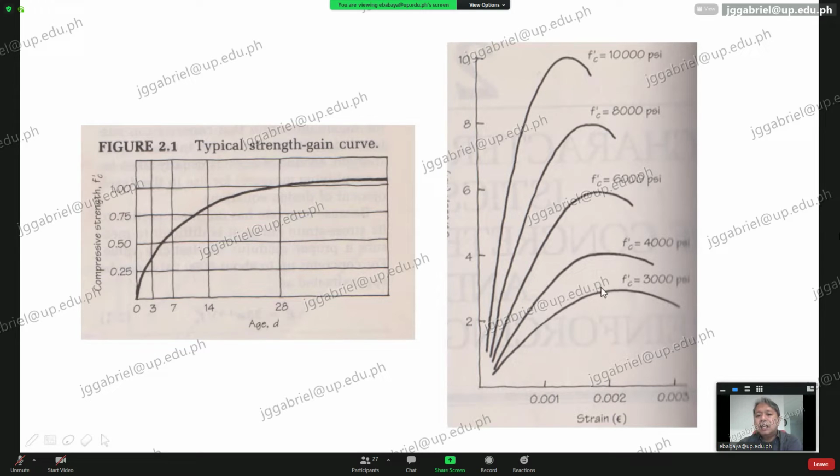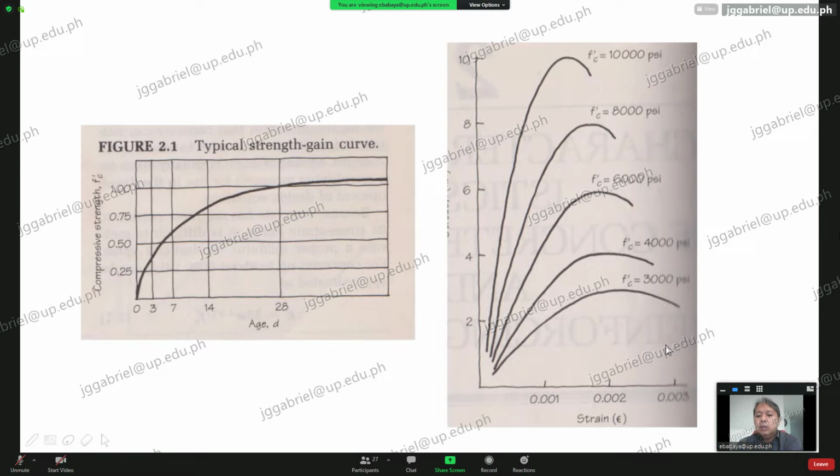It's not linear. You'll see there's no slope E here, whereas for steel you have a slope E. Within the elastic range it is linear. But for concrete, you'll see that it's curvilinear. It's curved like this. And then they always fail at 0.003.